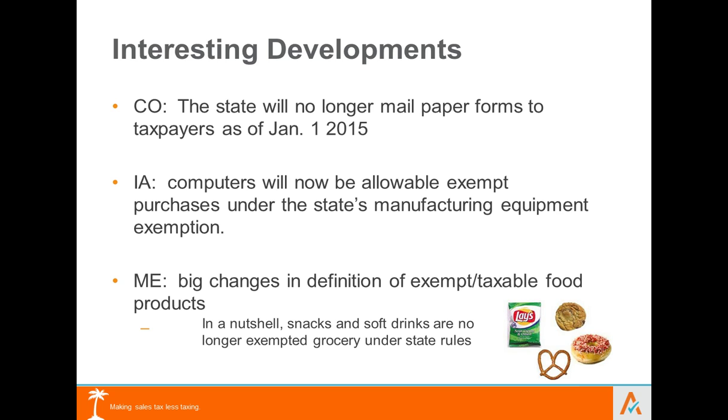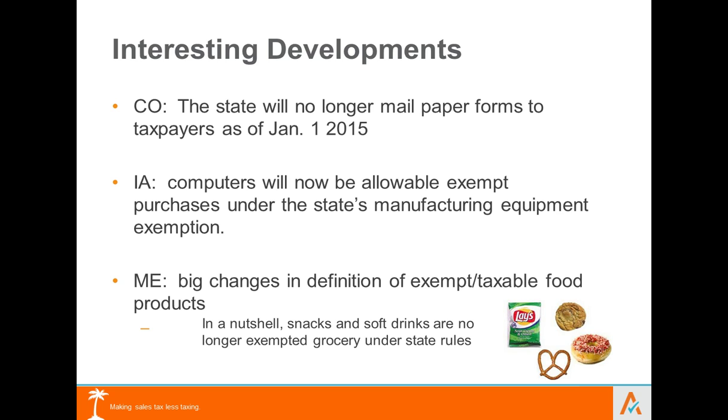Now, nearly all, I think every state, at least to some degree, who has a sales tax, has some sort of manufacturing equipment exemption, right? It's good policy. The states want to encourage manufacturing and industry within their borders, and one way they do that is they allow purchasers of equipment to use these facilities to avoid paying sales tax. Everybody kind of knows that. But here's what's interesting.